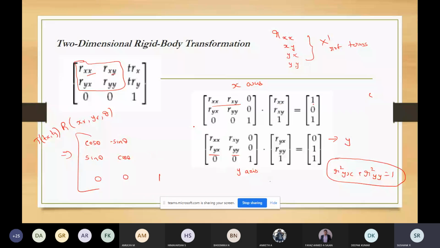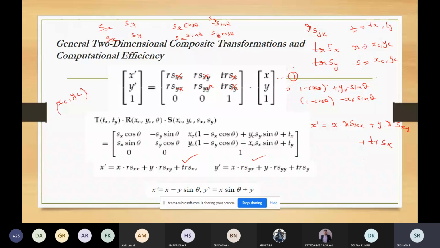What is that equation? It is xr into 1 minus cos theta plus yr sin theta.